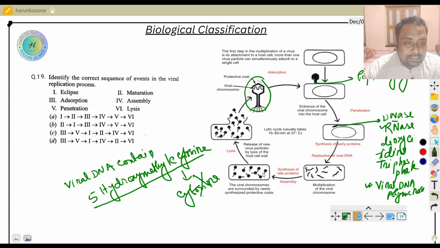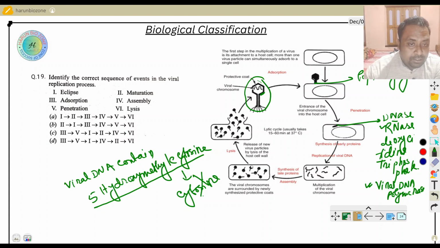After this comes assembly. First the viral coat protein is produced around the DNA, and when a large number of viruses are produced inside the bacteria, they produce lysozyme.